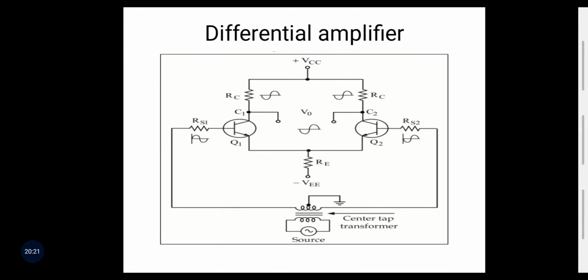An amplified negative going signal develops on the collector of Q1. Due to the positive going signal, current through RE also increases, and hence a positive going signal is developed across RE.